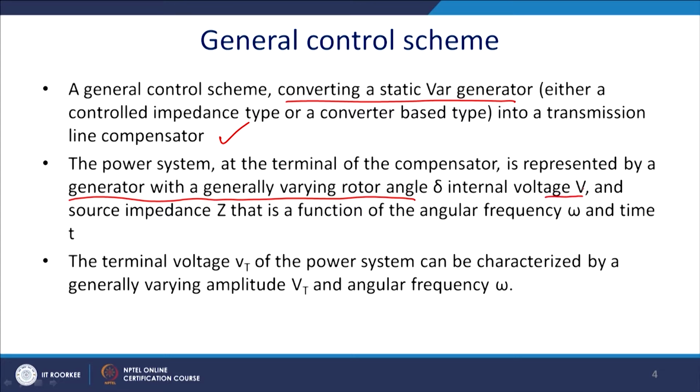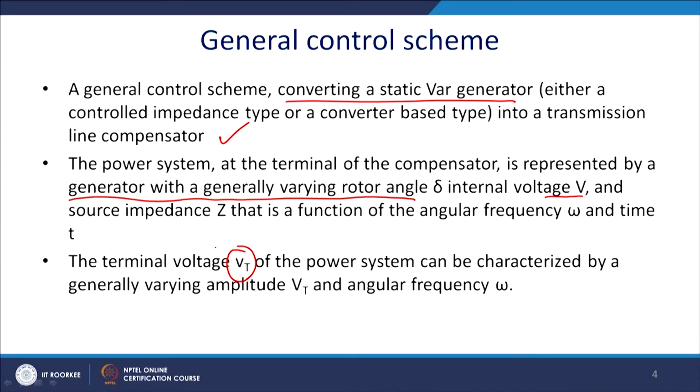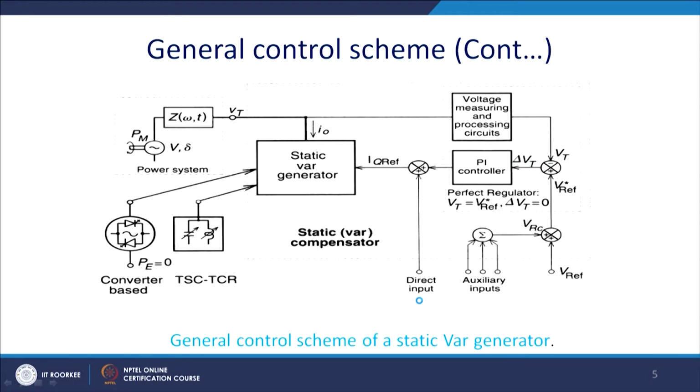We know that P is given by V1 V2 by X sin delta, where delta is the rotor angle and the source impedance Z is a function of the angular frequency at a time t. The terminal voltage Vt of the power system can be characterized by a generally varying amplitude Vt with an angular frequency. This is the way we model it.